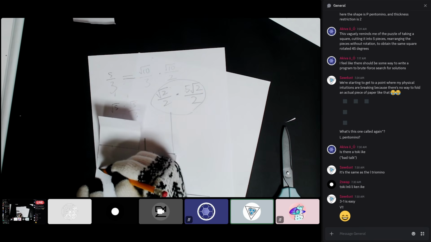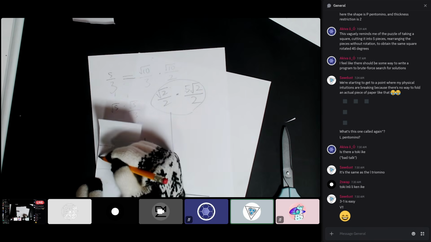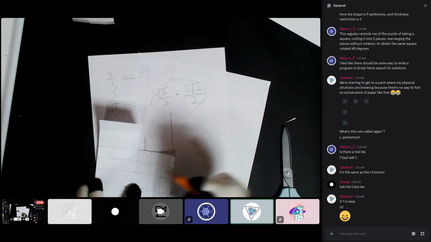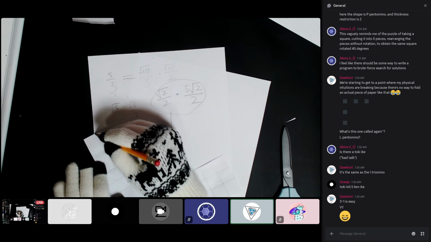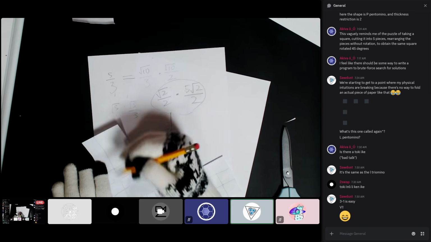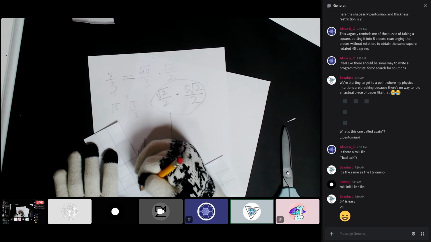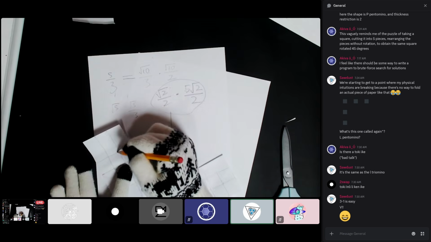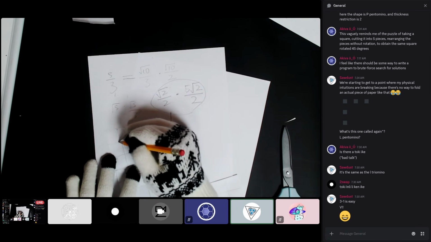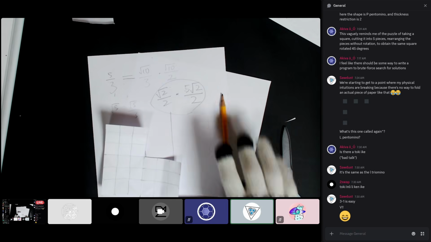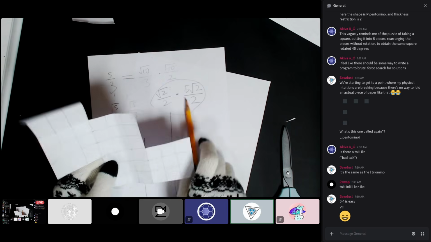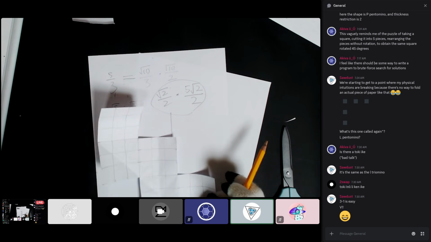So if you could do some diagonal folds and end up with like a 2-1, for example, then we could get to 3, assuming the 2 is smaller than the 1. But it seems like it would be impossible to do that on this W pentomino.